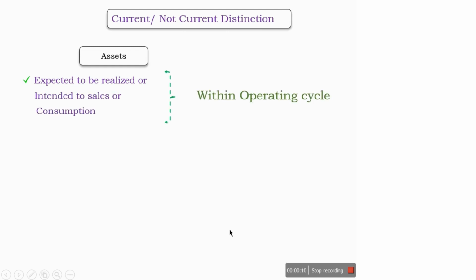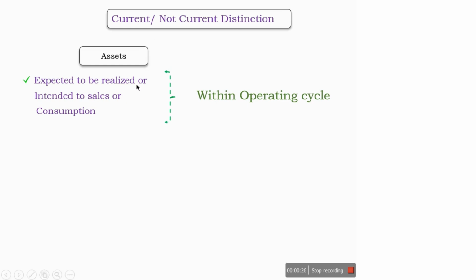An asset will be classified as a current asset if it is expected to be realized, or intended to be sold or consumed, within the operating cycle of the entity. So the operating cycle plays an important role in classification of assets and liabilities into current and non-current, and we'll discuss this in the next slides.